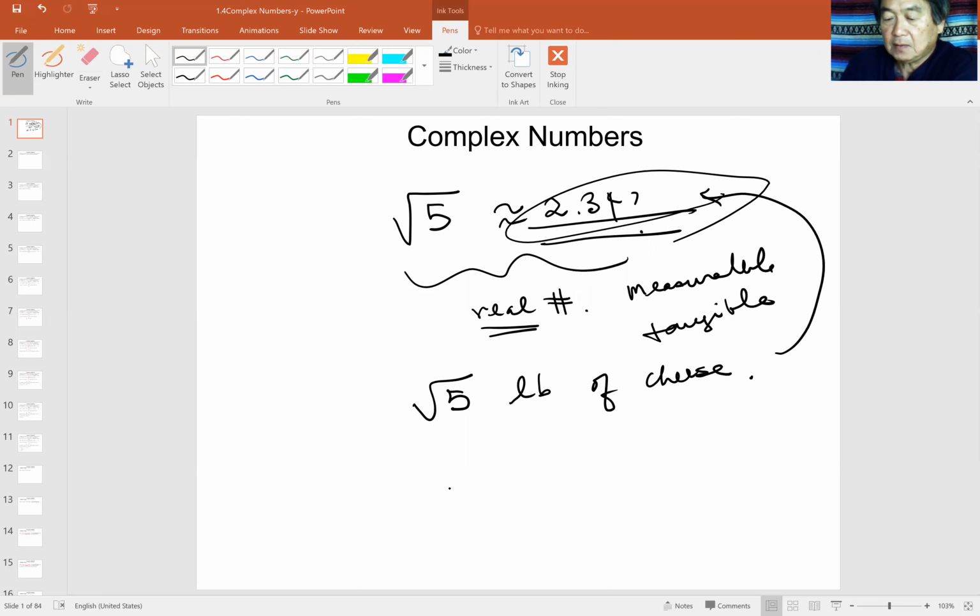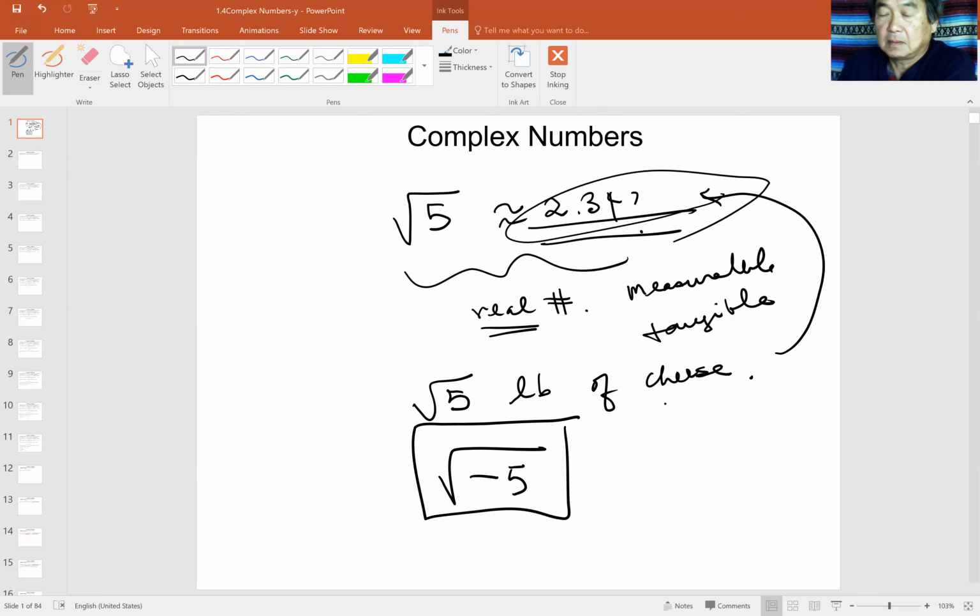But then if I were to ask what is the square root of minus 5, no real number can do this. No answer, no real number, because any real number, if I were to square it, I wind up with a positive number.